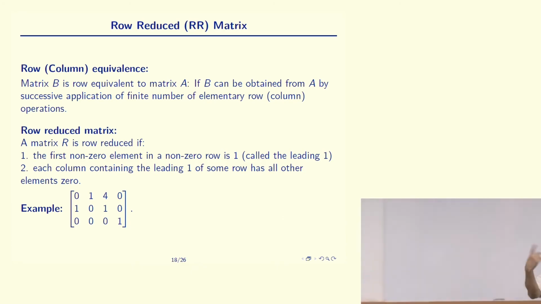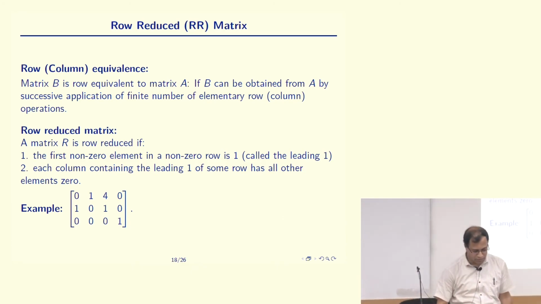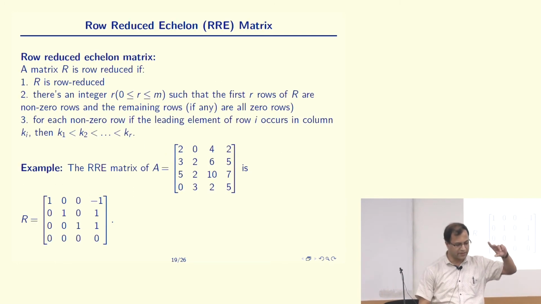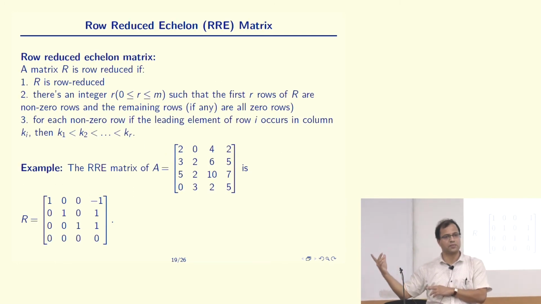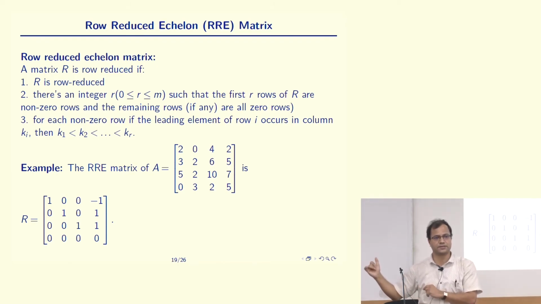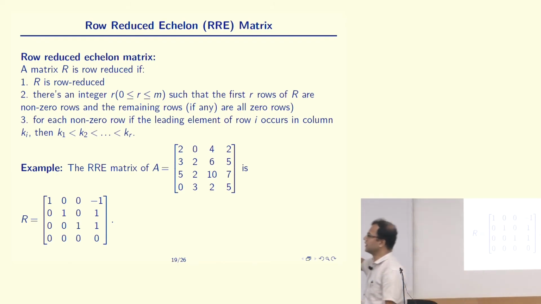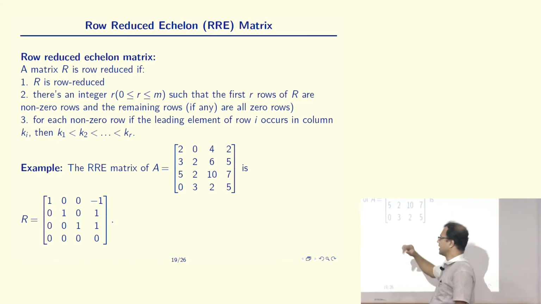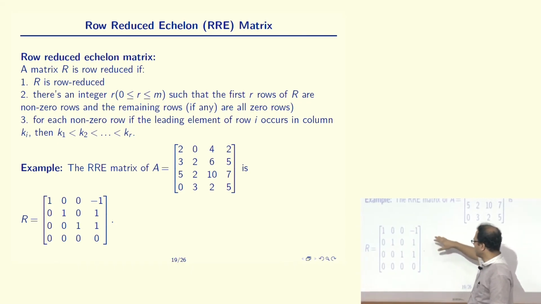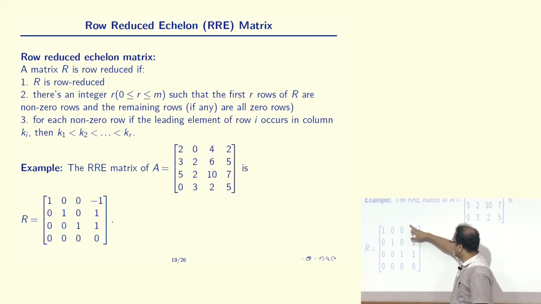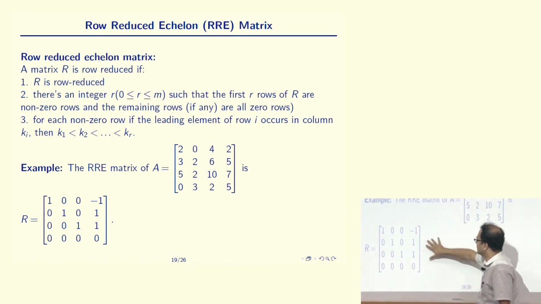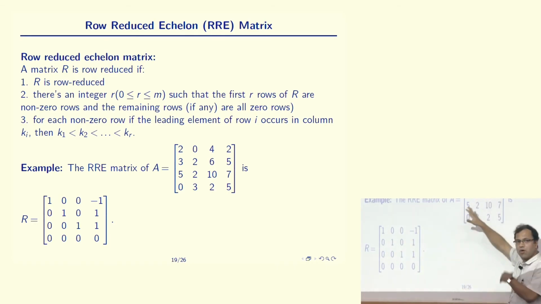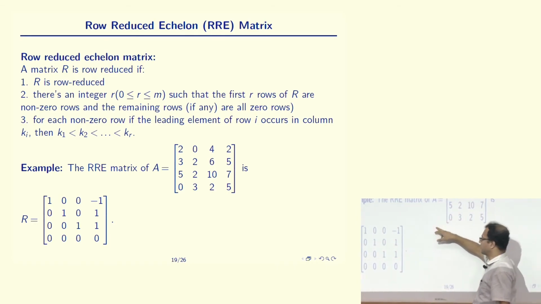Now, if in addition to this you also do the interchange operation, you'll be getting a better matrix. That will be called the row reduced echelon matrix. So that is the matrix we'll be aiming for when we do these elementary row operations. And you see that this is the row reduced echelon matrix obtained from this matrix after doing all the elementary row operations.